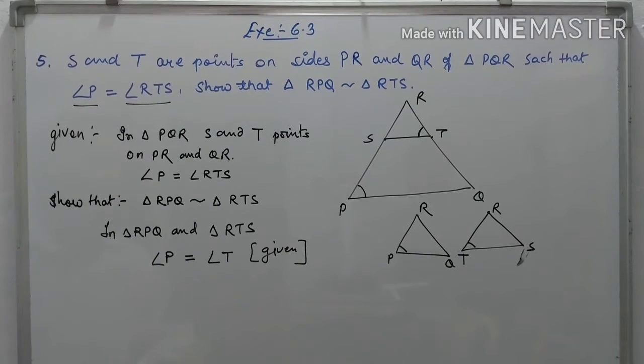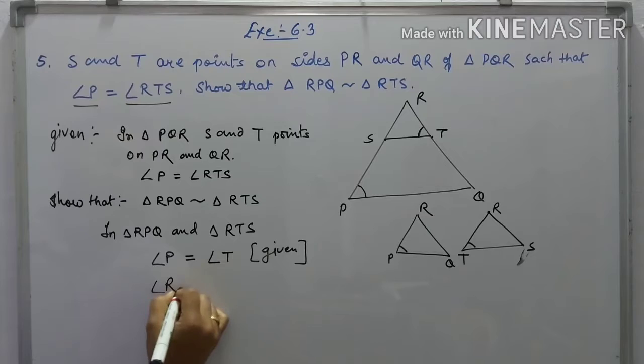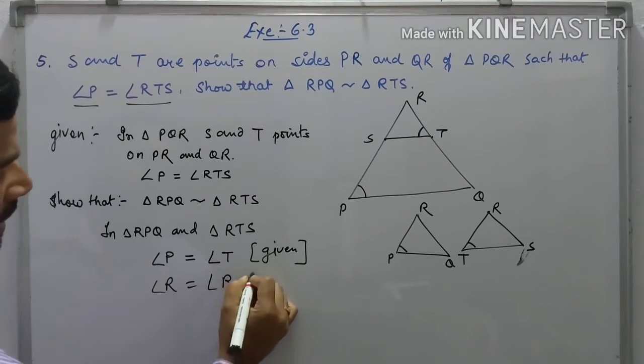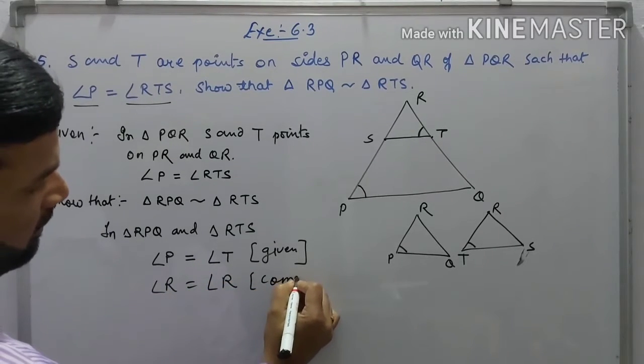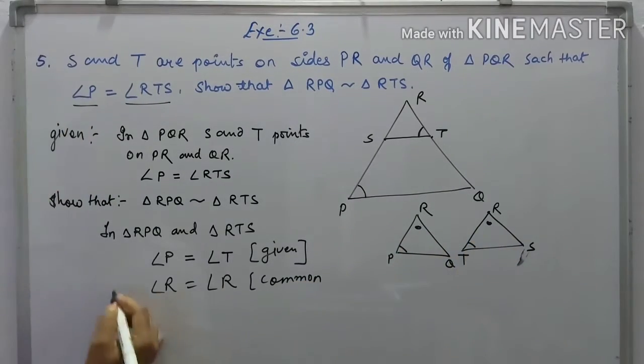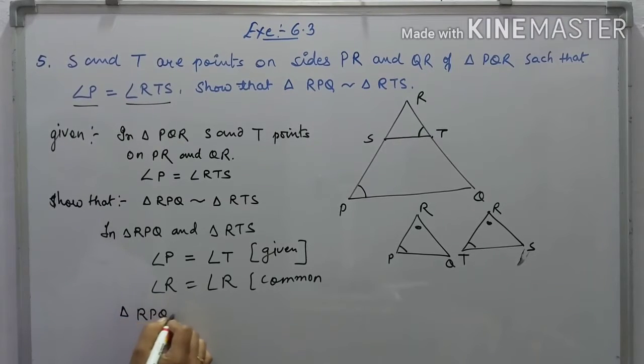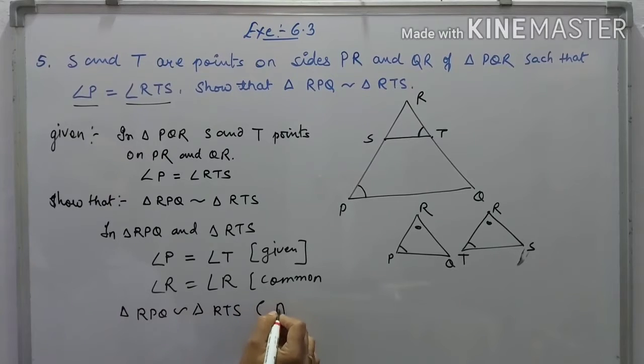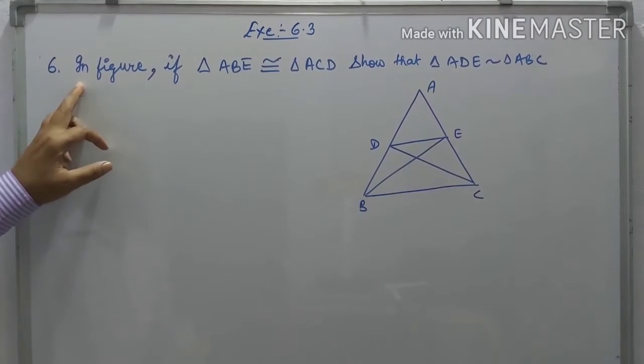And second, angle R is equal to angle R, it is a common angle. So triangle RPQ is similar to triangle RTS by the AA condition.